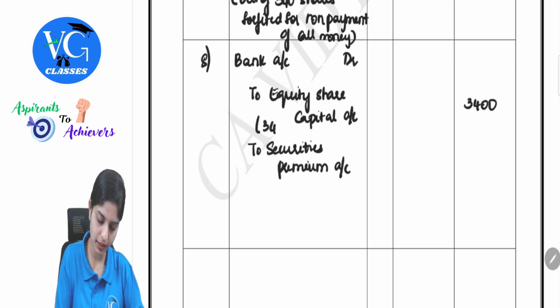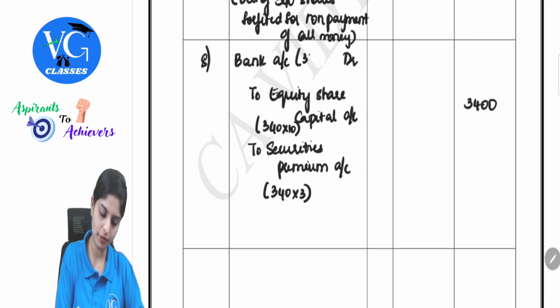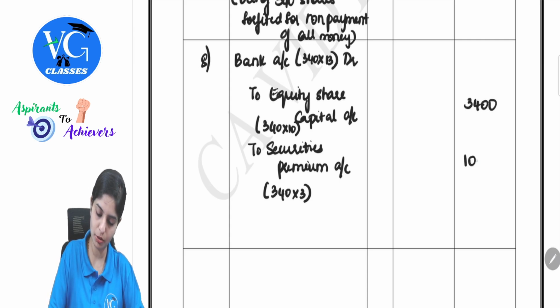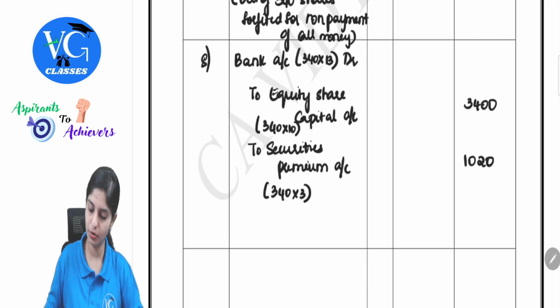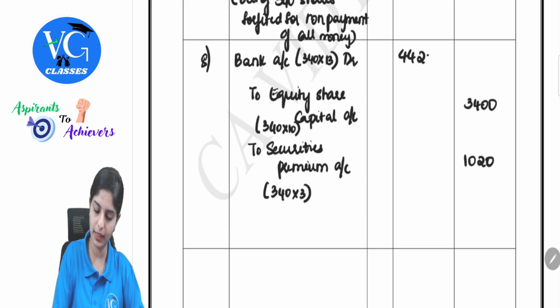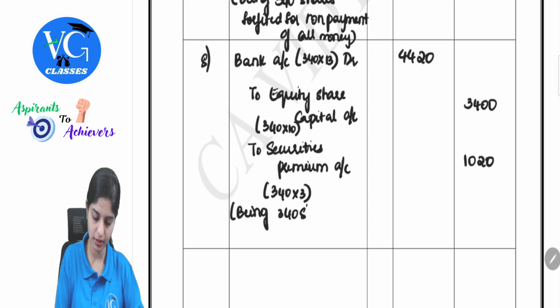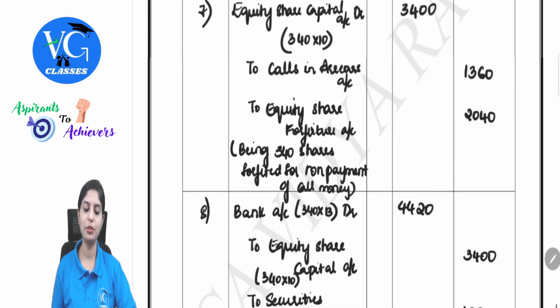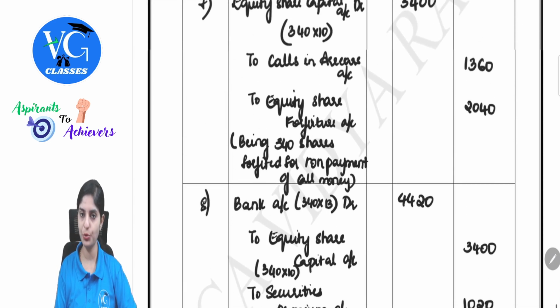This is 340 into 10, 340 into 3, 340 into 13. 340 into 3, 1020. 340 into 13 is 4,420. Being 340 shares reissued at premium.